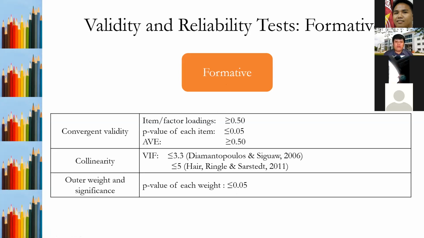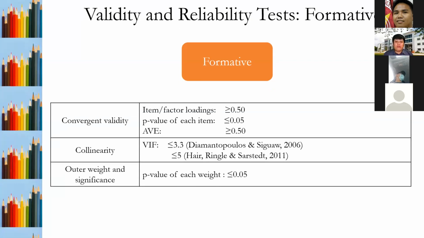And what is good about technology today, software can now measure all these things in one sitting. All you need to do is to equip ourselves with the difference between reflective and formative and know the requirements in measuring a reflective and formative construct.